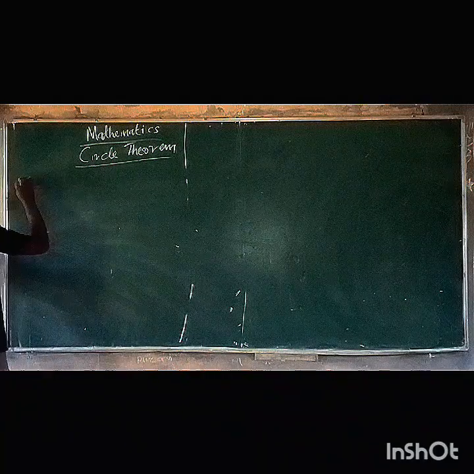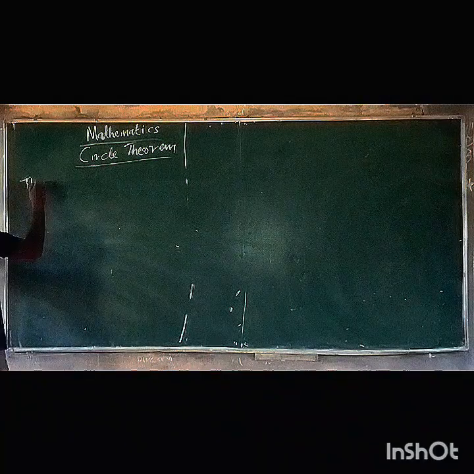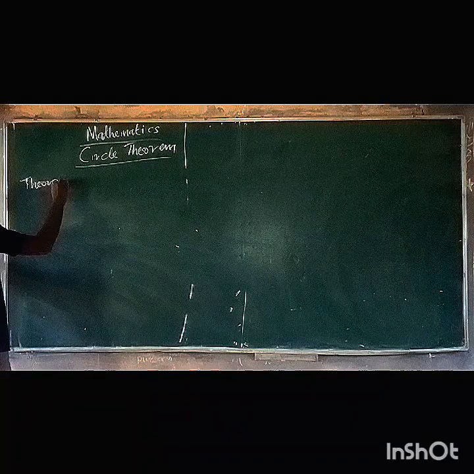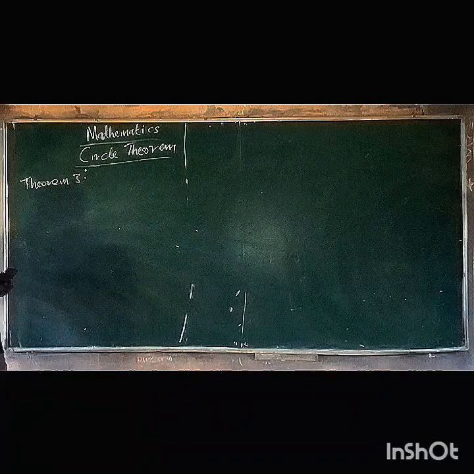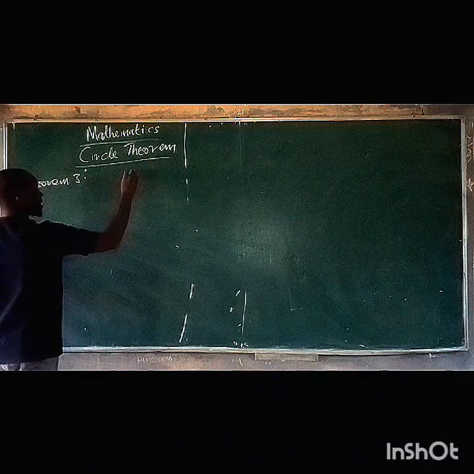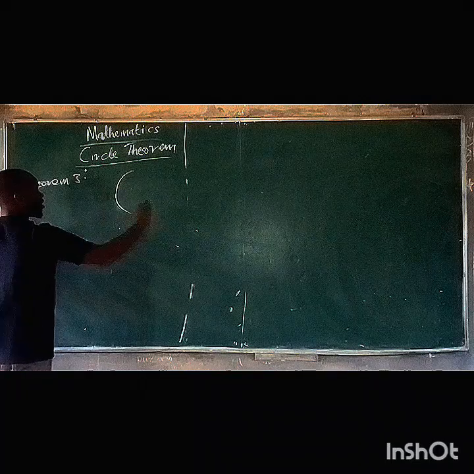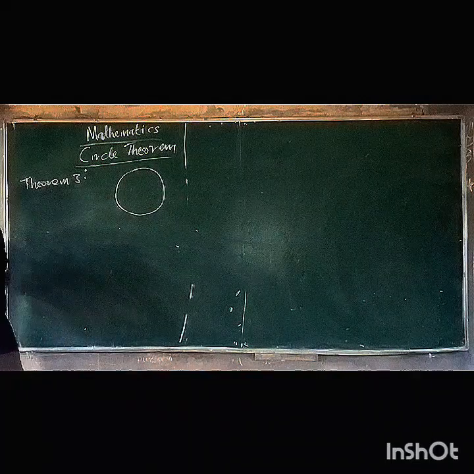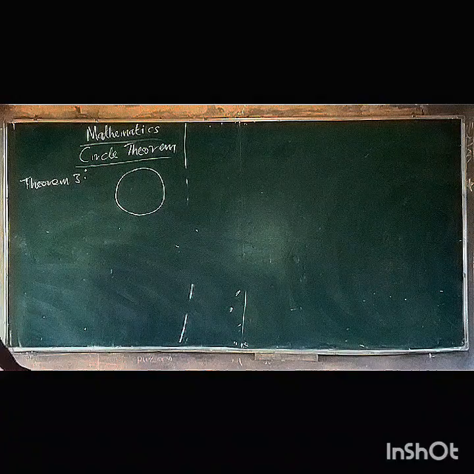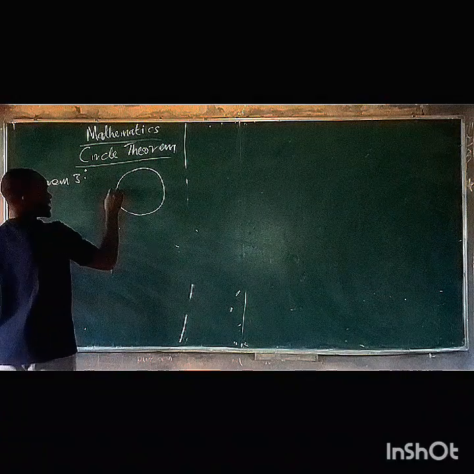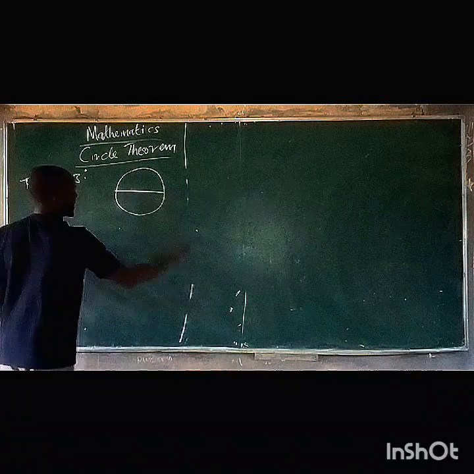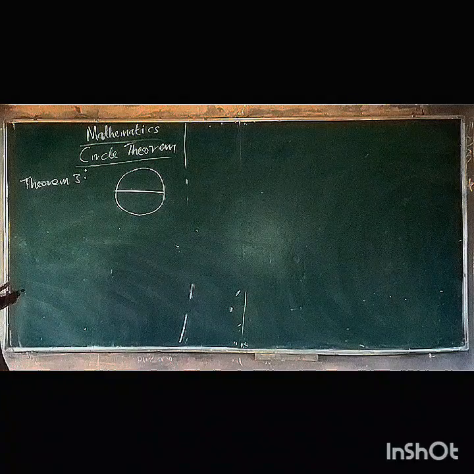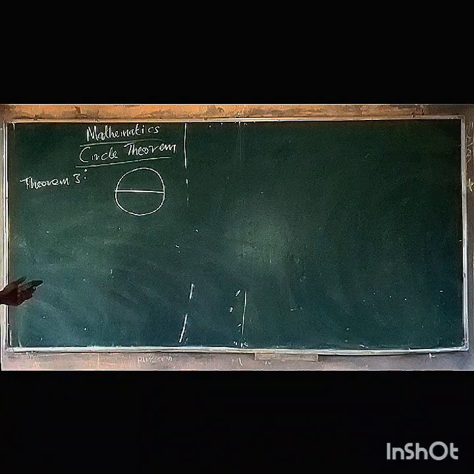Now, theory number 3, the textbook might rearrange it in another aspect for you, but my third theory is telling me that angles subtended by a semicircle are perpendicular. What do I mean? This is a circle, and then we have a semi-line or a diameter, a line that separates the circle into 2.